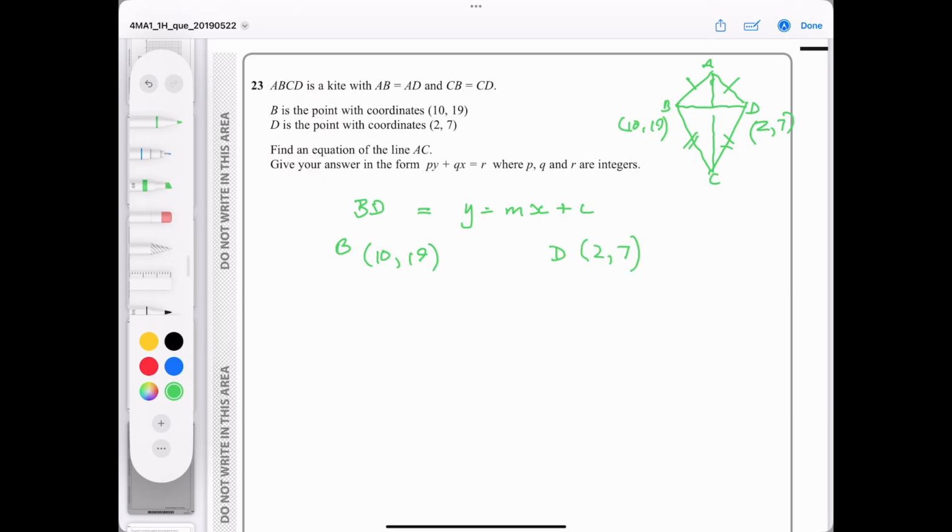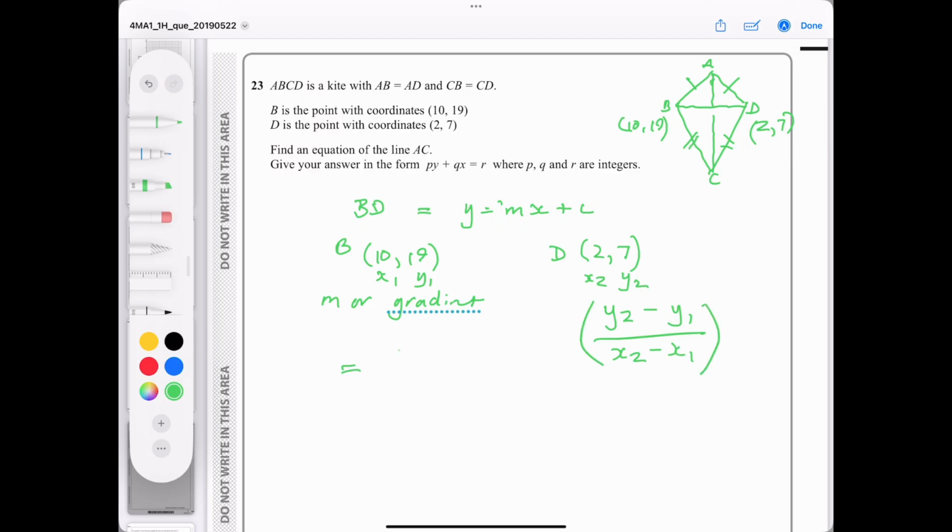So in order to find the gradient for this line, or m, I'm going to mark this up and make that x1, y1. We're going to make this x2, y2, and we're going to do y2 minus y1 over x2 minus x1. I think I might regret this, but it's fine.